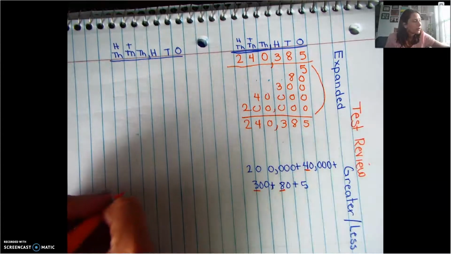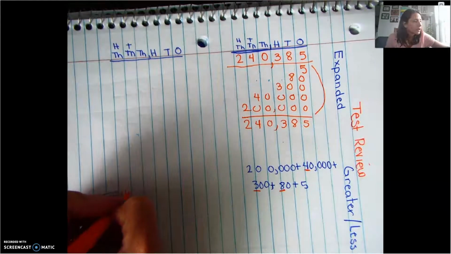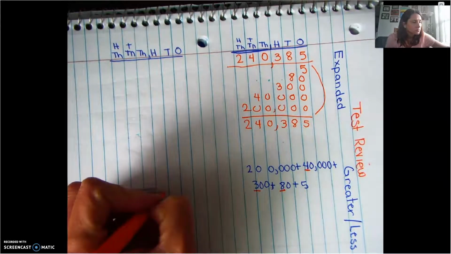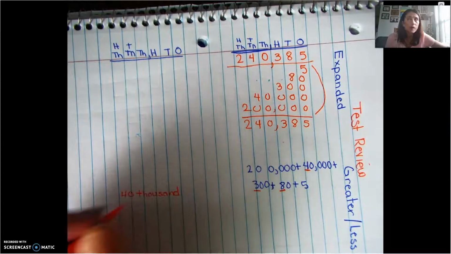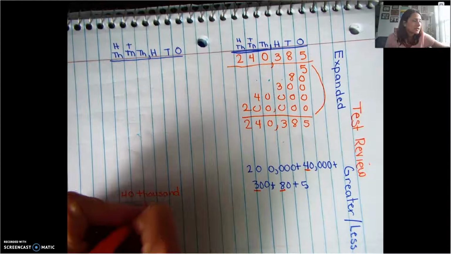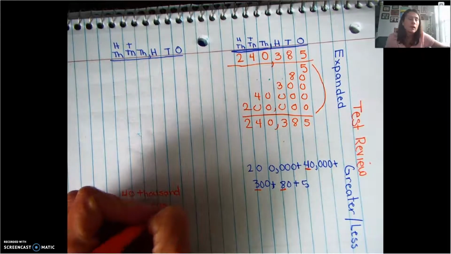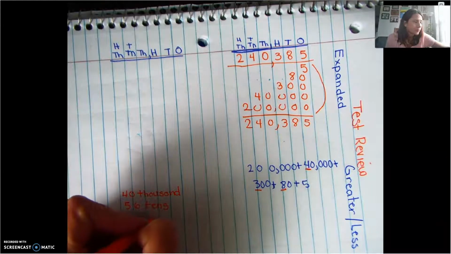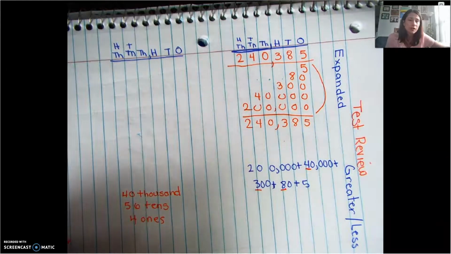So I'm going to have 40,000, I'm going to have 56 tens, and I'm going to have 4 ones. Alright, so this one's a little bit trickier.